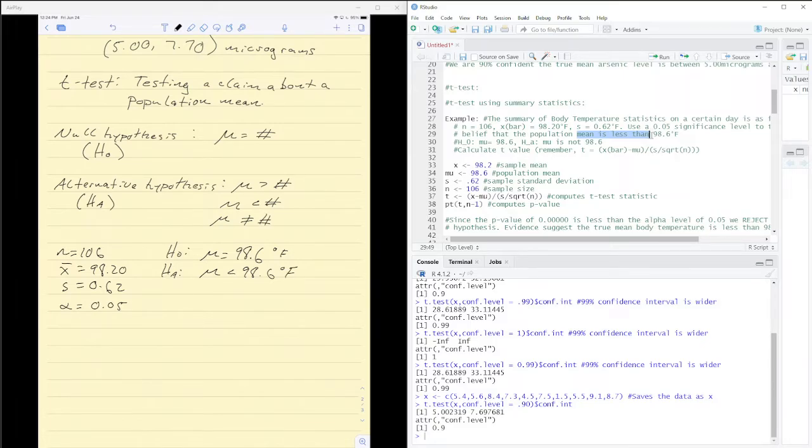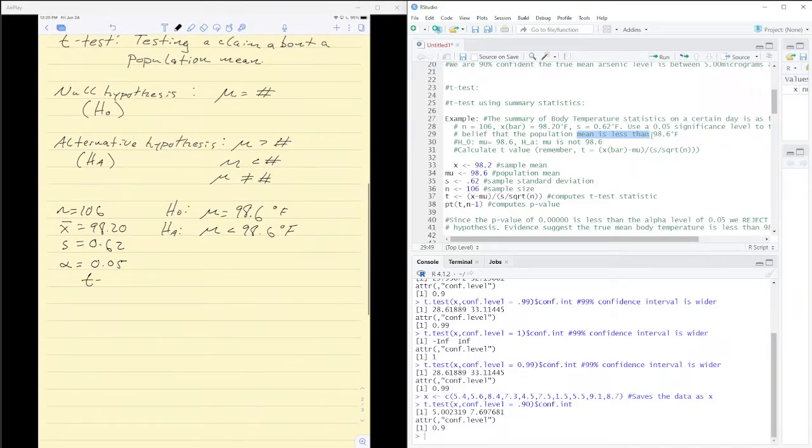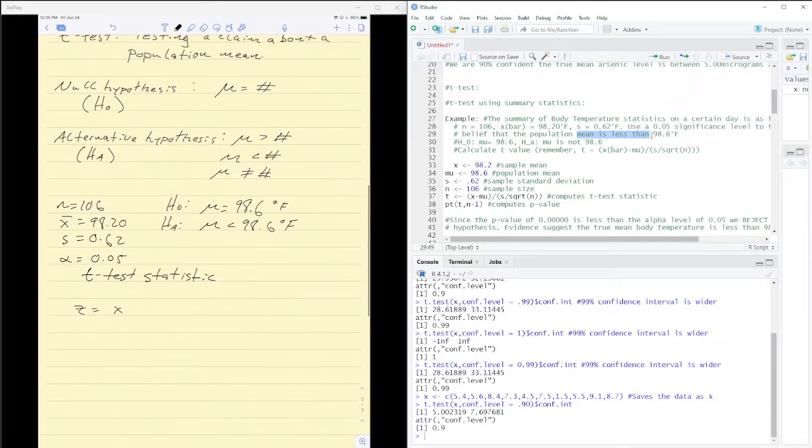And we want to calculate a t-test statistic. And remember, like we did in the normal distribution, which used a z as its test statistic, and the way that worked was your value minus the mean divided by the standard deviation, and the t-test statistic is similar.